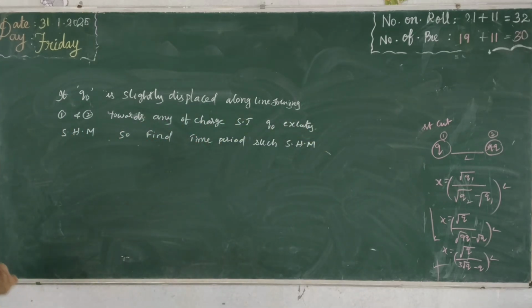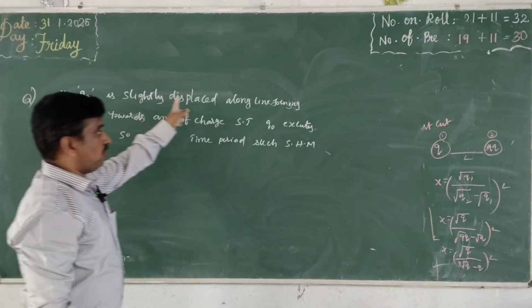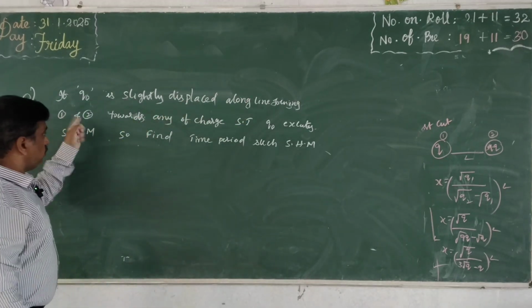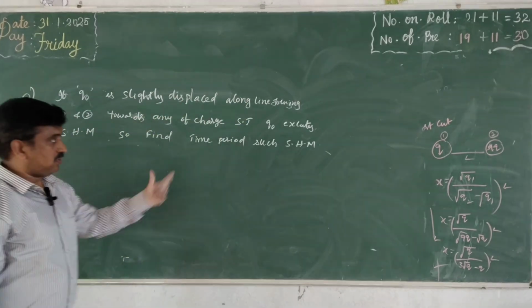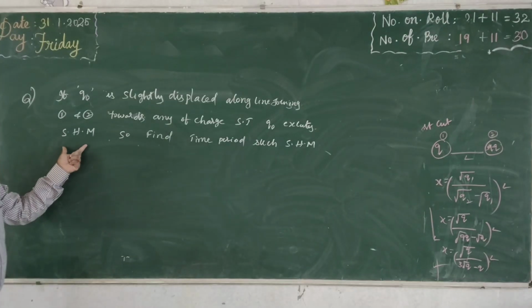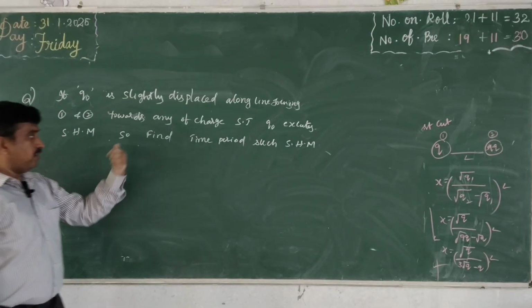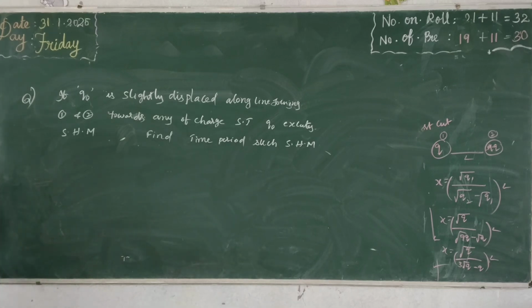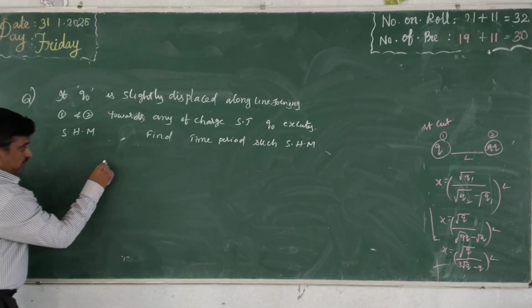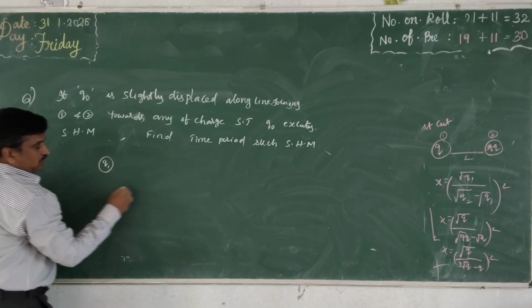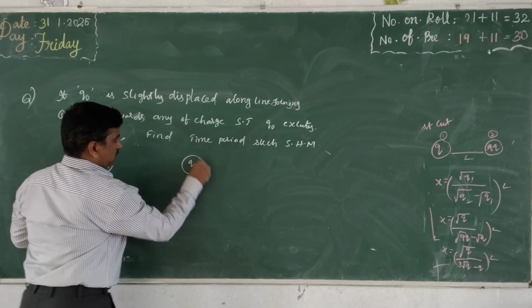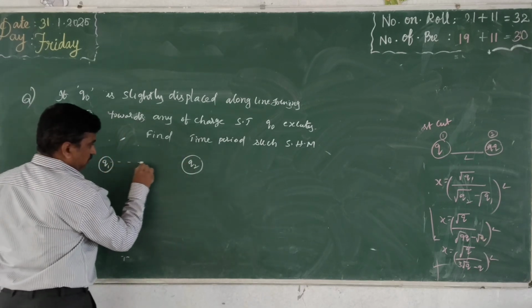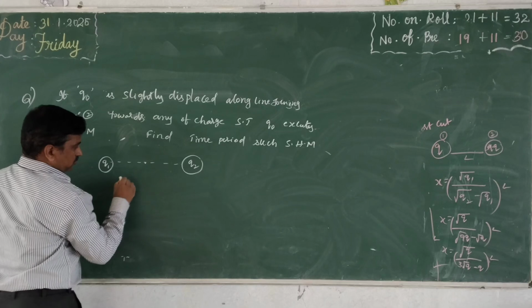This is the problem. See, if q naught is slightly displaced along the line joining 1 and 2 towards any of the charges such that q naught executes simple harmonic motion, find the time period of such simple harmonic motion. For example, this is the first charge, this is the second charge. In between them, a charge is there.